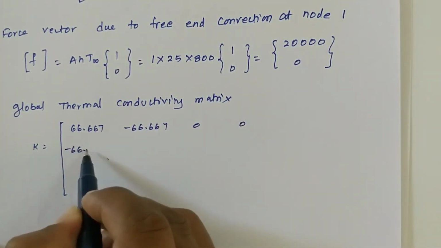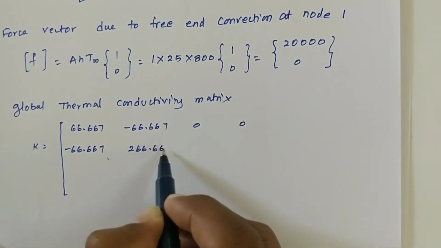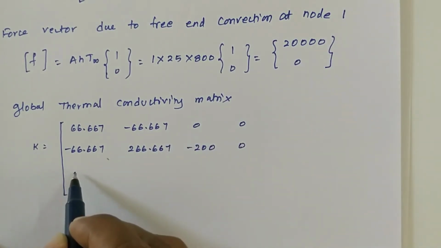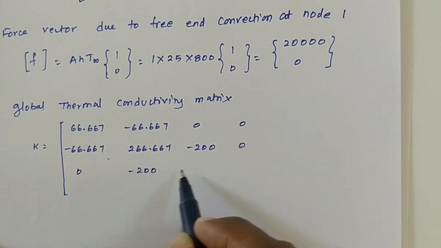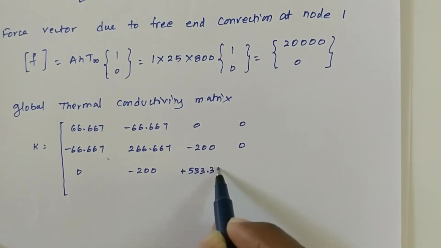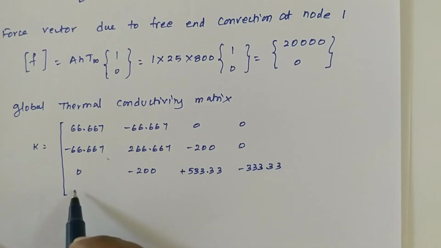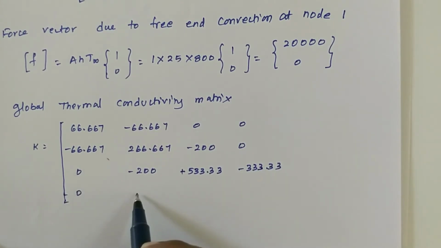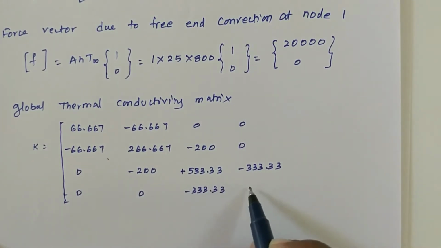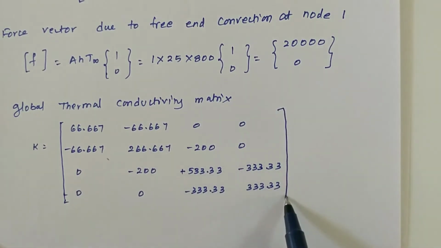Row 2: minus 66.667, 66.667 plus 200, minus 200, 0. Row 3: 0, minus 200, 200 plus 333.33, minus 333.33. Row 4: 0, 0, minus 333.33, 333.33. Now this is the global thermal conductivity matrix.